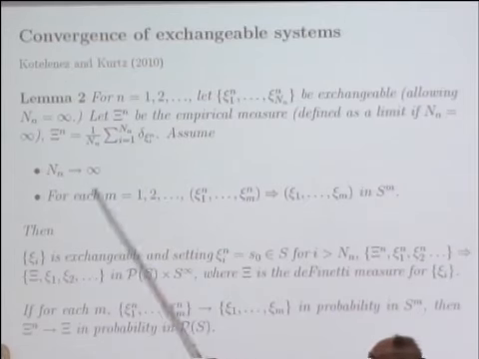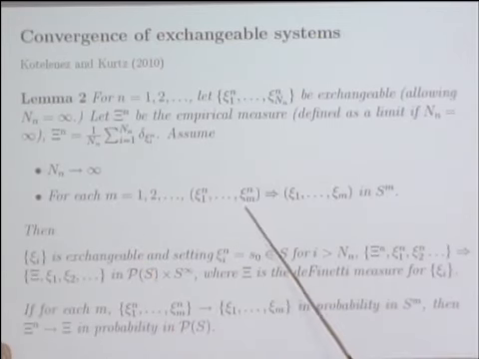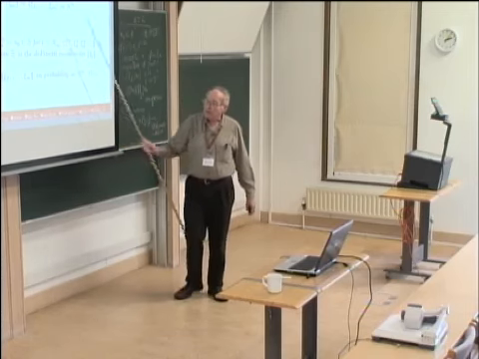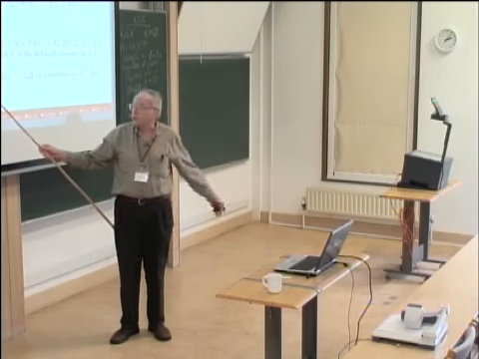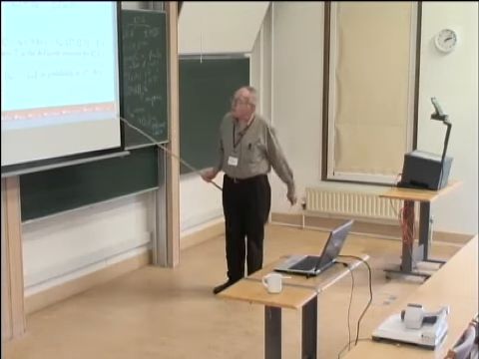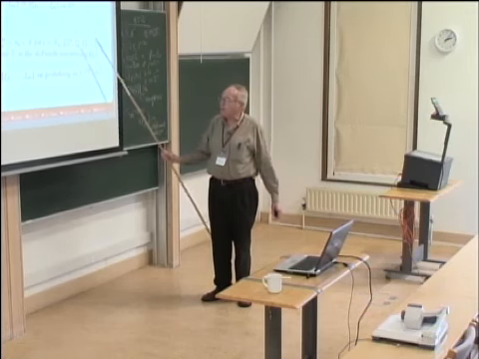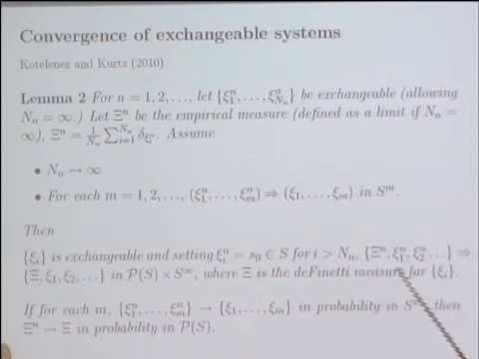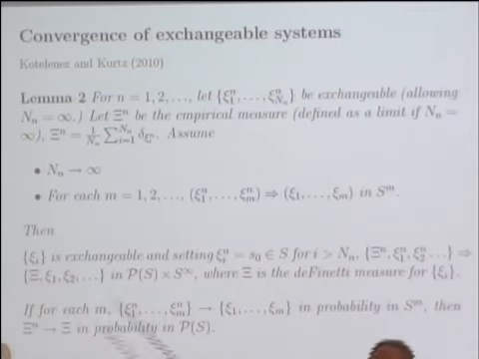And the assumptions of the lemma are that capital N goes to infinity, and any finite subset of the random variables converges in distribution. The conclusion of the theorem is that the limit has to be exchangeable. That's pretty trivial. But the interesting part is that you get joint convergence of the De Finetti or empirical measure and the sequence to the limiting measure and sequence, where this capital C is indeed the De Finetti measure of the limit.